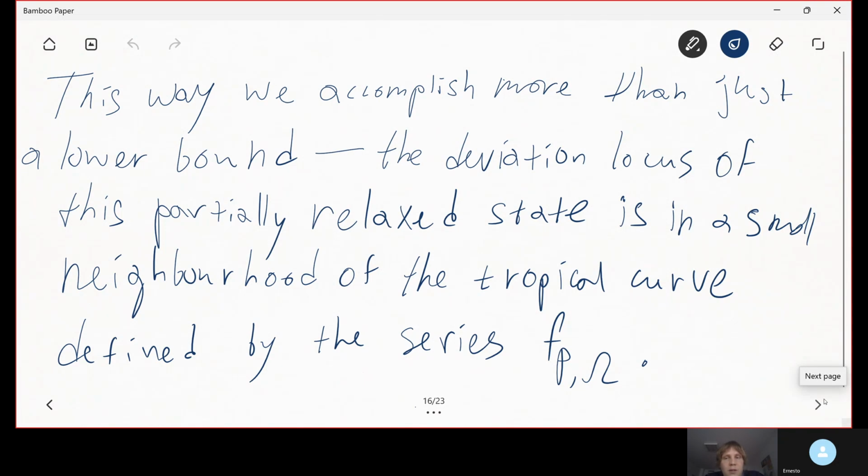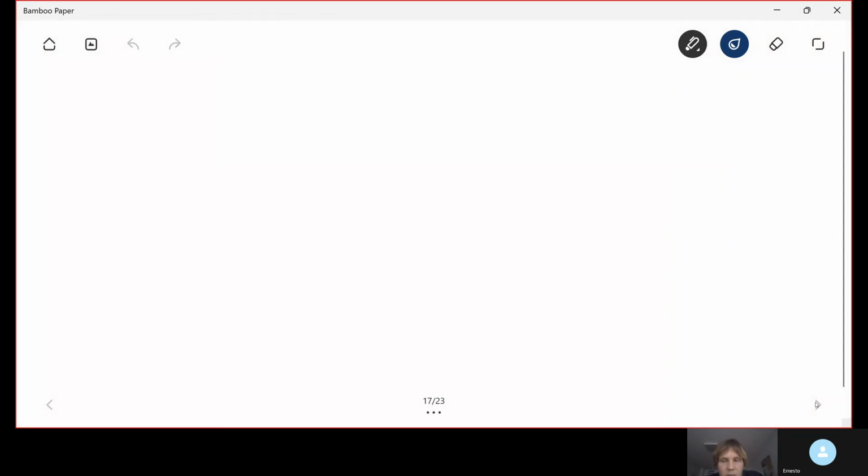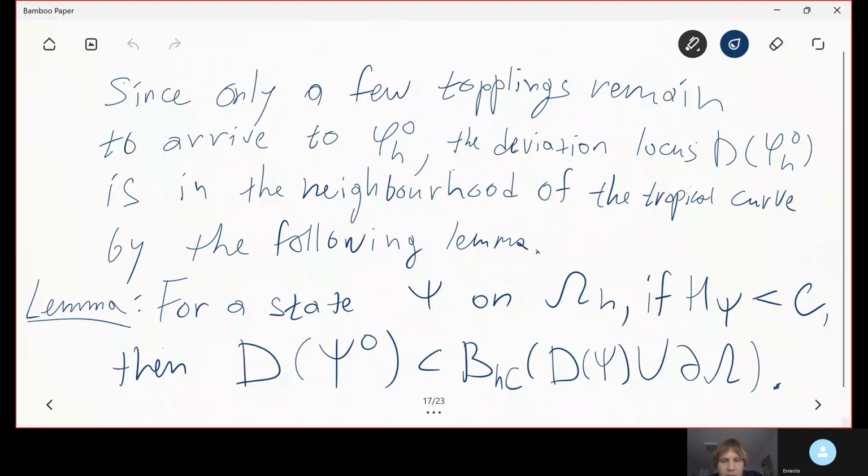We accomplish more than just the lower bound. We also see that what is done by doing almost all topplings is actually something near the tropical curve defined by this magnificent series fp omega. Okay, and now, that was something that we did completely in the 1-point case.